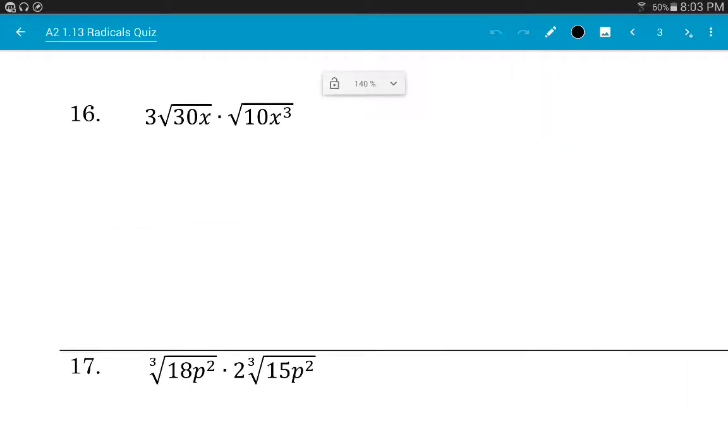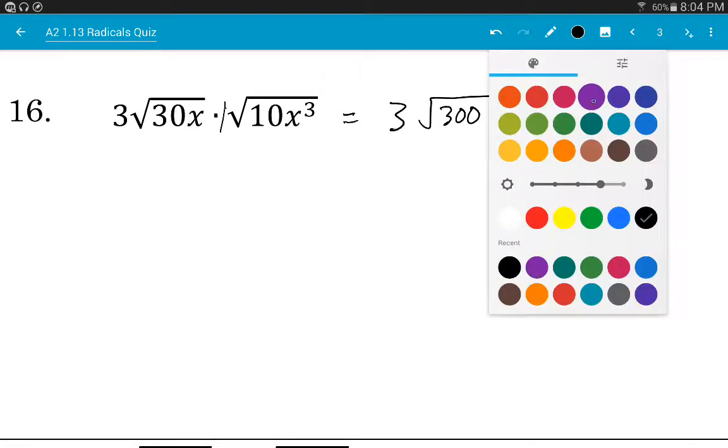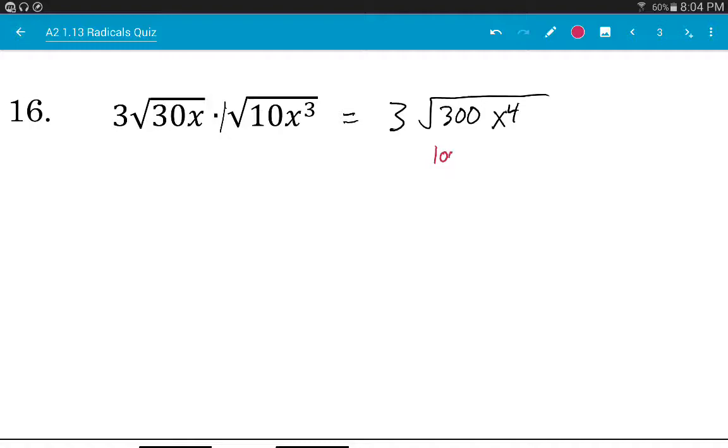For 16, I multiply these. 3 times no number here, so it's like an invisible 1. So it's going to be equal to 3 square root. 30 times 10 is 300. X times x cubed is x to the 4th. This 300 can be broken up into 100 times 3. X to the 4th can be x squared, x squared.